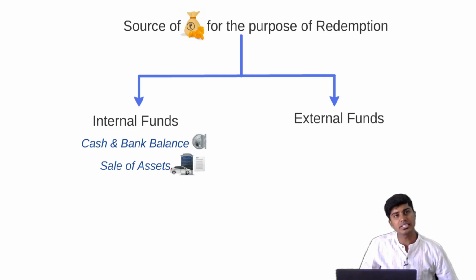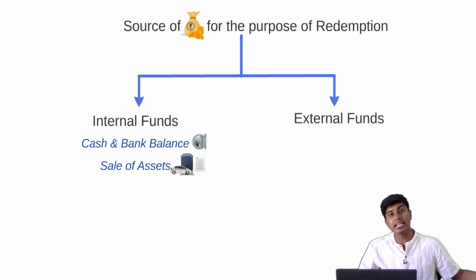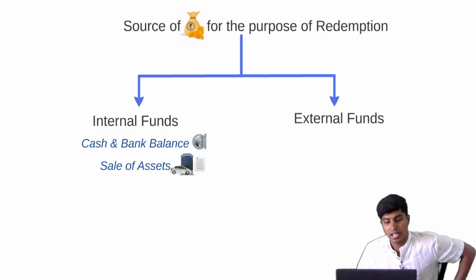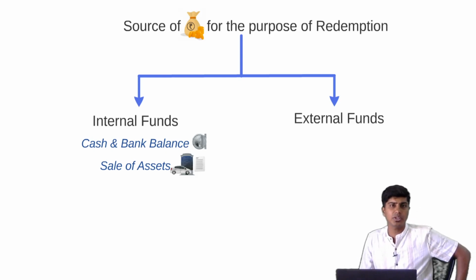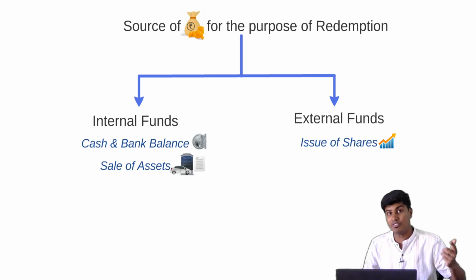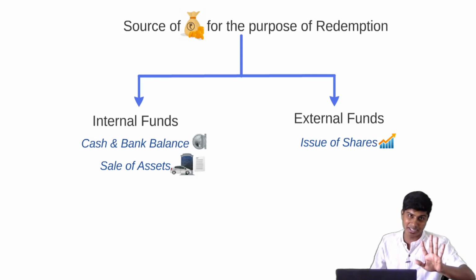If we sell any of this and raise funds, this is what we call internal funds. And in the case the company uses internal funds, it would have to create CRR. Let me repeat that. The next thing is the company can use external funds. External funds is issue of shares. Even if you issue debentures, it would be something like external funds.